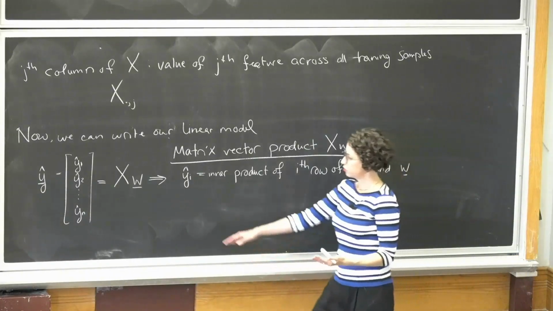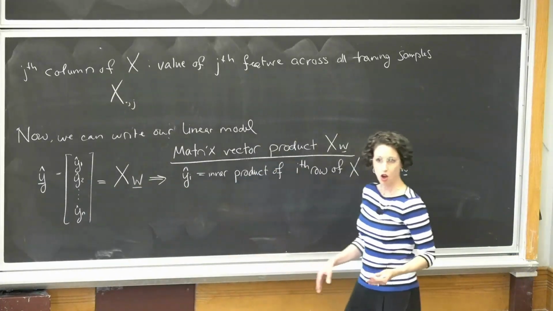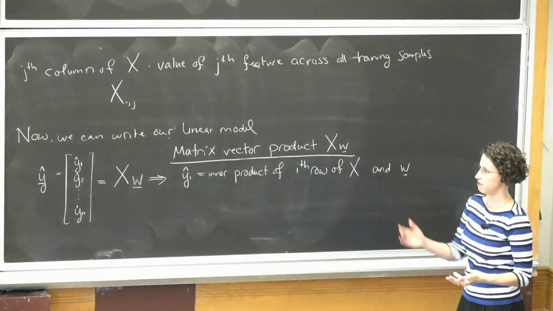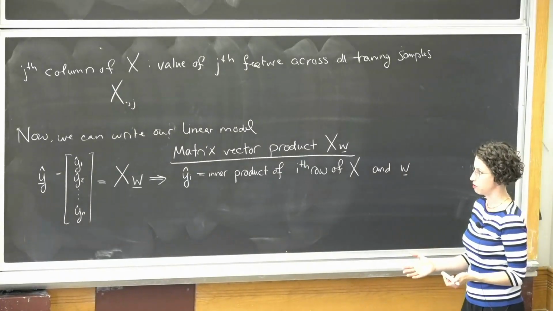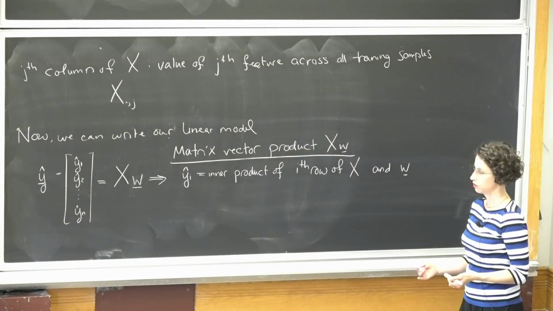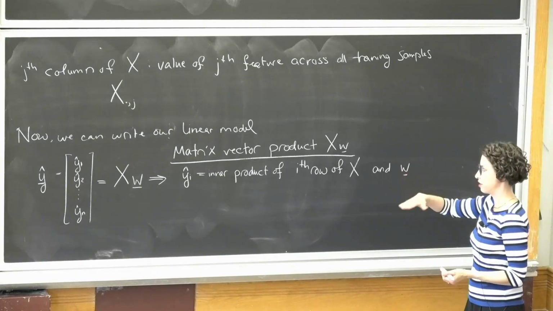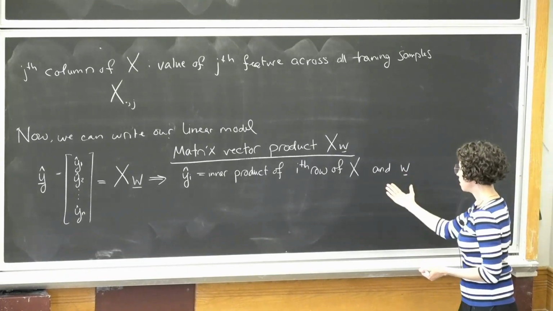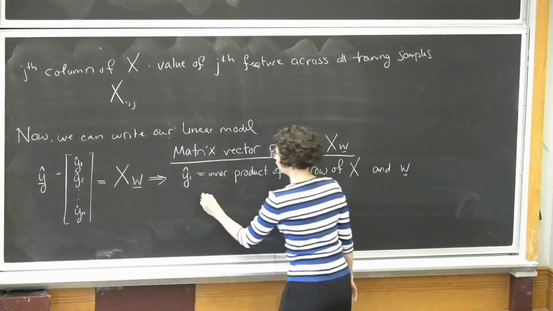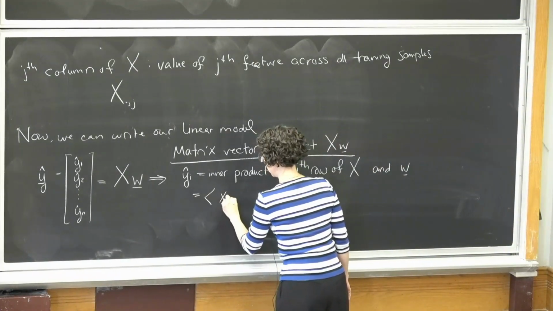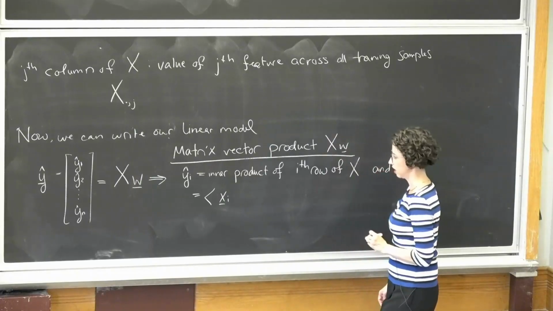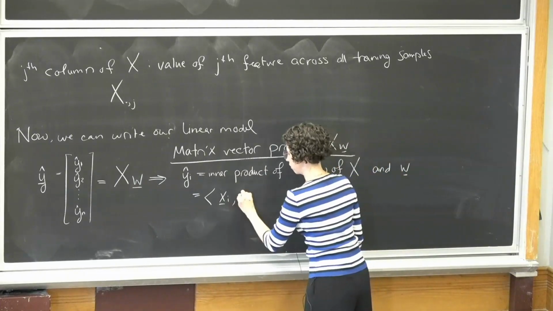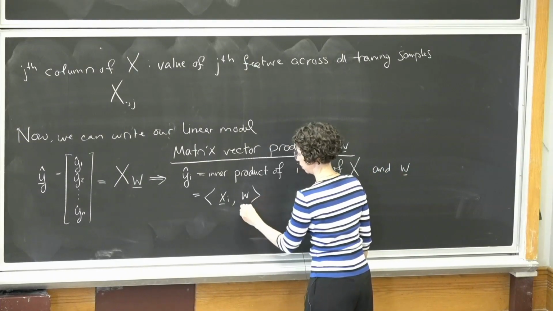So when we write this matrix vector multiplication, all we're doing is n different inner products exactly like we wrote on the first board. I'm just doing them one after another and then stacking them on top of each other. So if you recall, the ith row of x was equal to this ith feature vector, xi, and then we take the inner product of that with w.